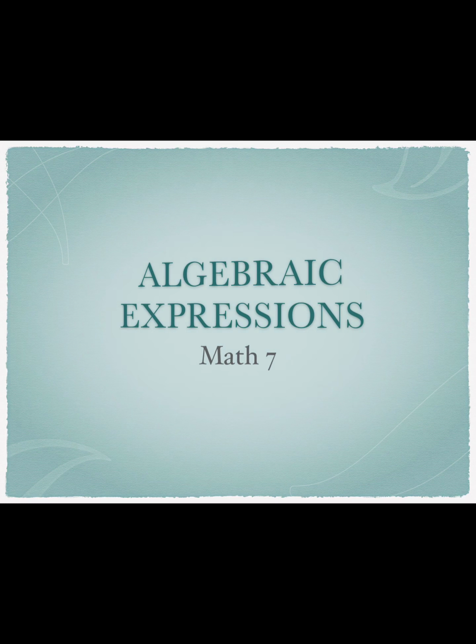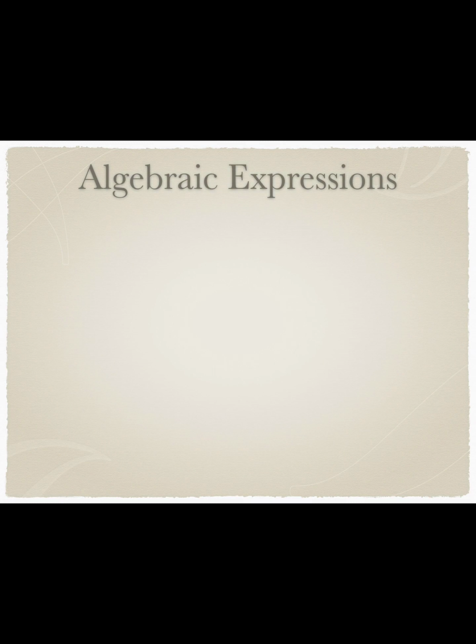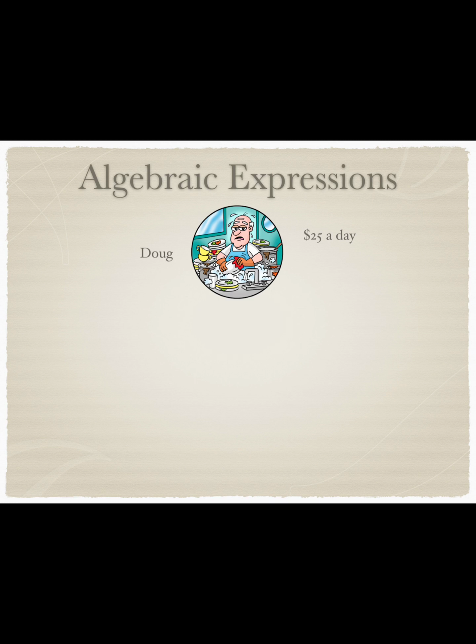So let's get started here with the first example, or the first problem. In this situation, we have someone named Doug, and he washes dishes for a living. So he earns $25 a day for doing his job. Now, in addition to that, he gets a bonus of $2 per dish. So the question we want to ask is, how would we calculate the money Doug would make if he washes, say, 75 dishes?